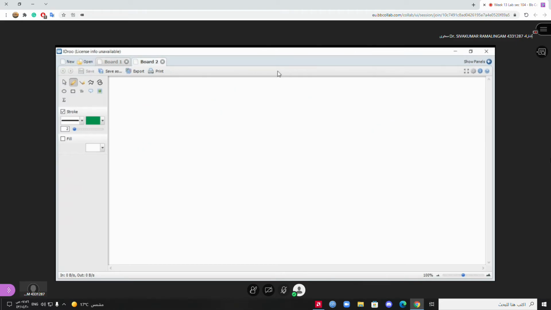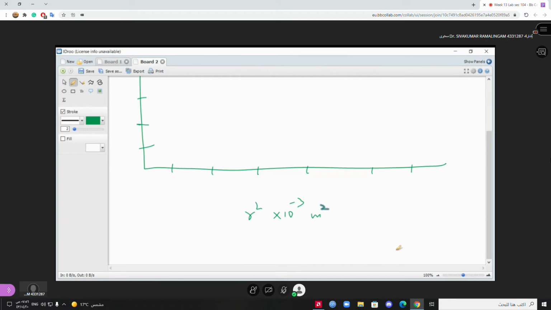Next, I'm going to draw the graph. Don't forget to write the quantities and units properly. In the x-axis, I'm going to take r square as the physical quantity, into 10^-3 meter square as the unit.